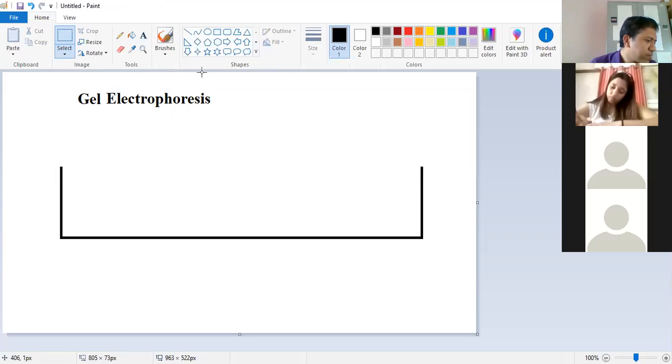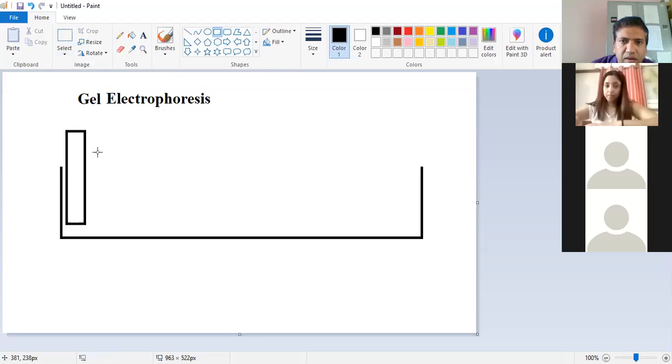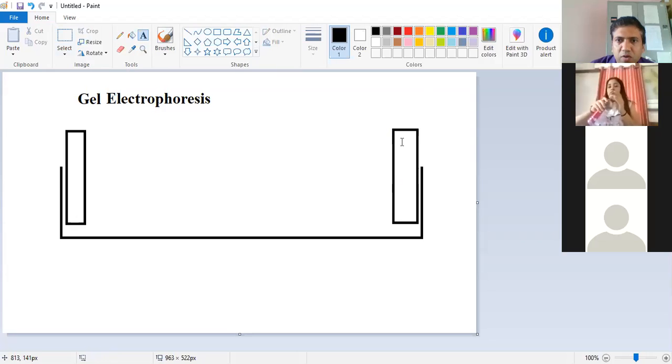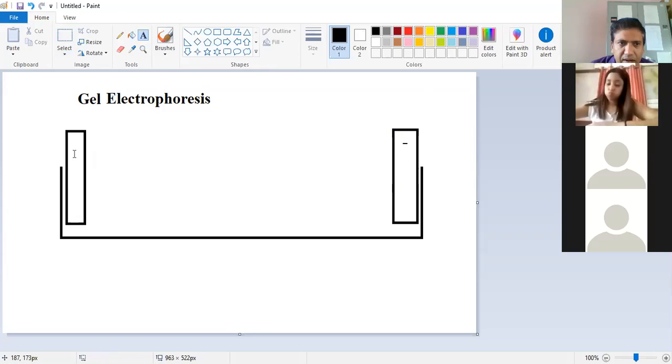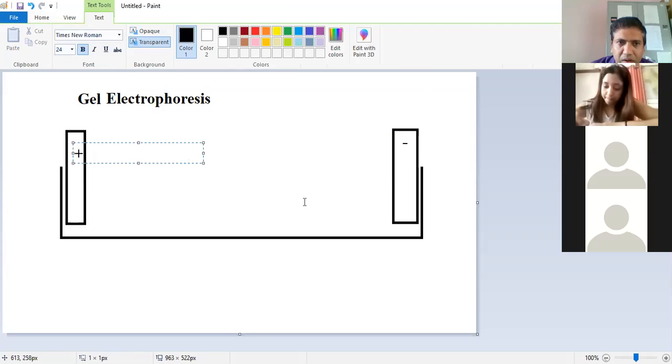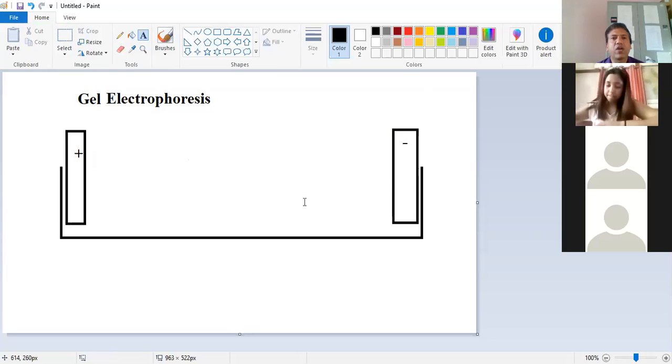Let us assume that these two are the electrodes. This one is the cathode, and this one is the anode.